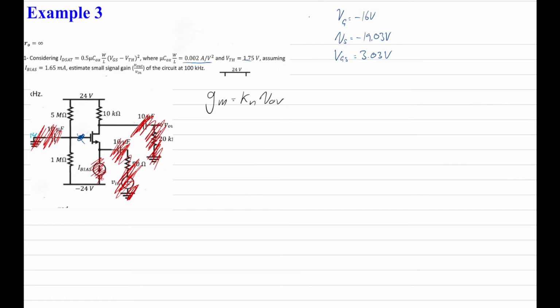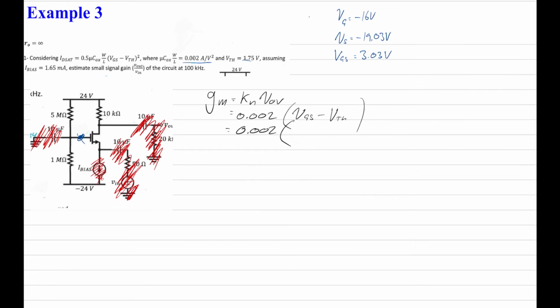So gm equals Kn Vov, and we know that Kn is 0.002, and Vov is the overdrive voltage, which is the gate source voltage minus the threshold voltage. The gate source voltage we now know is 3.03 volts, and that was why it was really important to work out what the gate voltage was over here, and the source voltage over here.